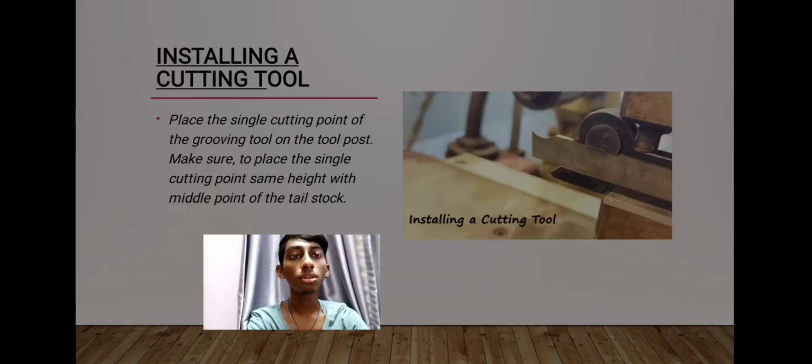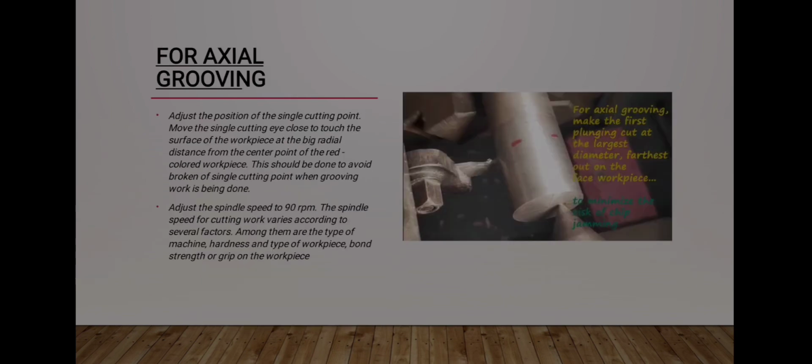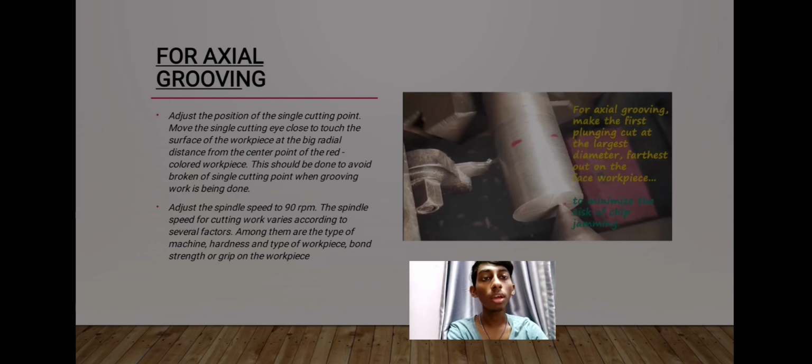And then installing a cutting tool. Okay, place the single cutting point of the grooving tool on the tool post. Make sure to place the single cutting point same height with middle point of the tailstock. For axial grooving, adjust the position of the single cutting point.